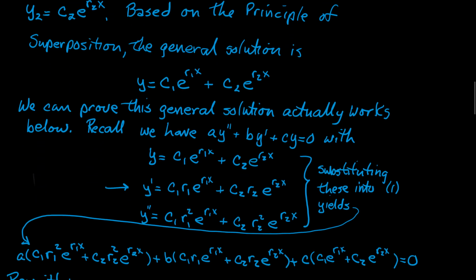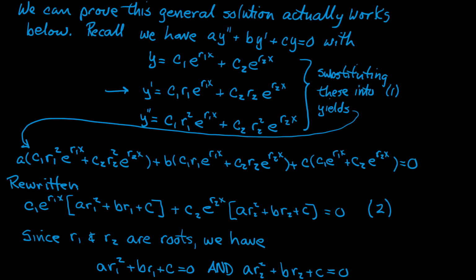Using that general solution, we can compute the derivative, and that's just going to give us c1 r1 e to the r1x plus c2 r2 e to the r2x. We can also, from our original general solution, compute the second derivative, and that's going to be c1 r1 squared e to the r1x plus c2 r2 squared e to the r2x.